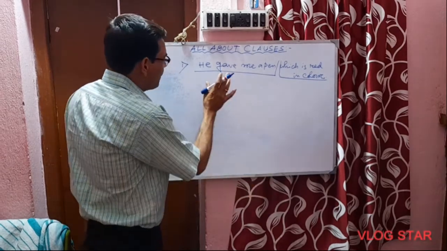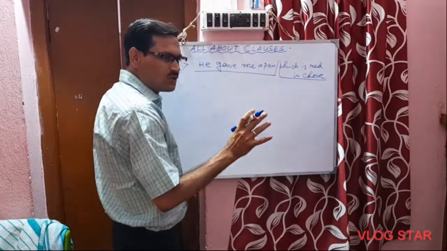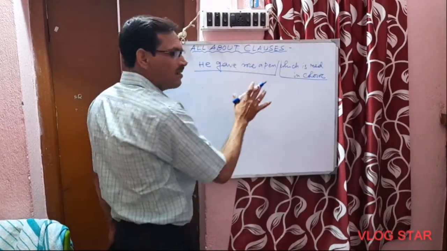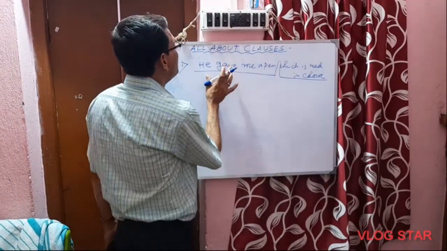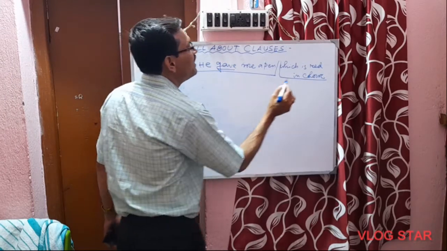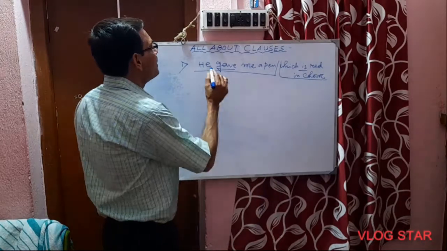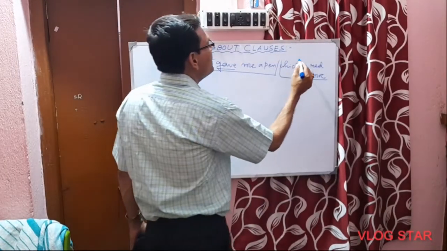So, first, the criteria to be a clause: those parts have also maintained that it has a finite verb, gave; it has a finite verb, is. Okay, so it is a clause.